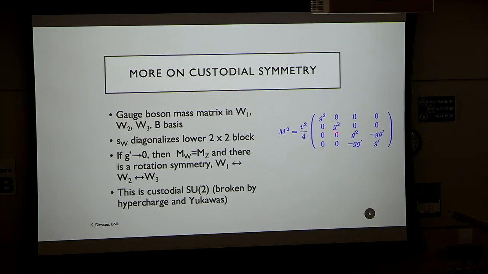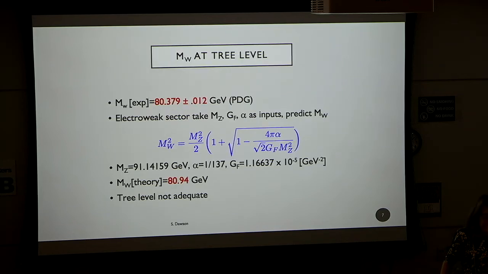But if you turn off g prime, so you set the hypercharge to 0, this matrix has a rotation symmetry under which W1, W2, and W3 are exchanged. This is the custodial symmetry we're talking about. This rotation symmetry is broken by the hypercharge and Yukawas. It's kind of an accidental symmetry of the theory, but nonetheless it has these consequences. In particular, the Higgs precision observables are all logarithmic. OK, so let's keep going.